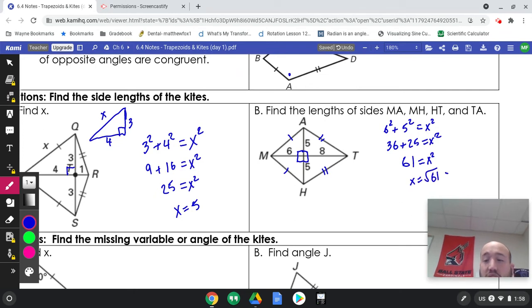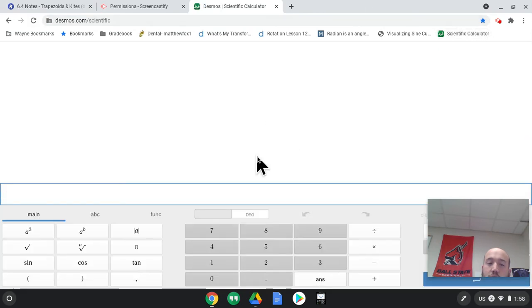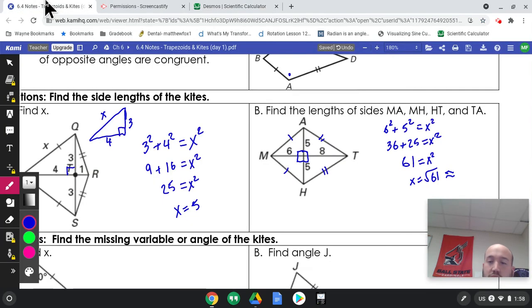Now you could leave it like that, or let's round to the nearest tenth. I put those little squiggle equals because it's about equal. If I do this, let's see, the square root of 61, and over here you can see the answer 7.8 if we round to the nearest tenth. So it's about 7.8. And that would be the answer then for both MA and MH.